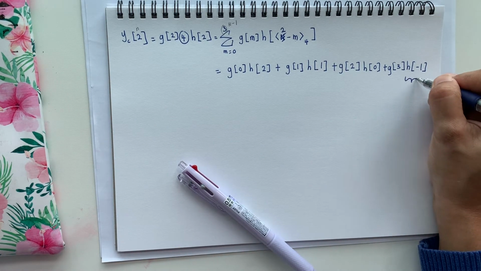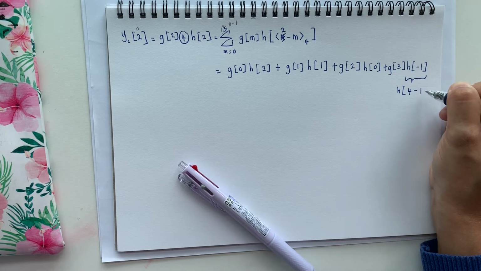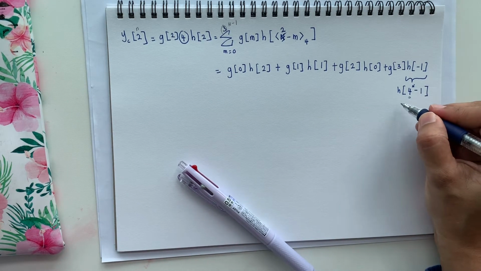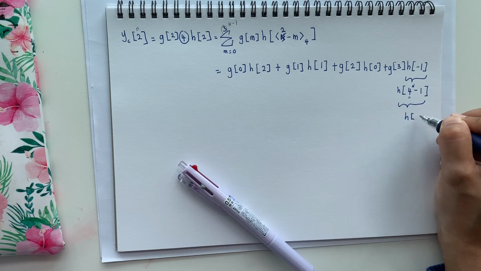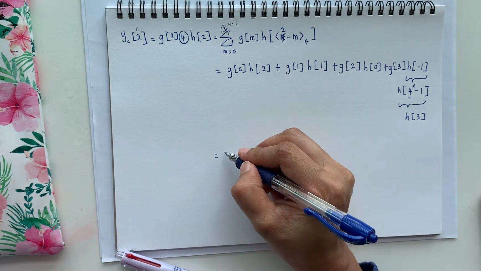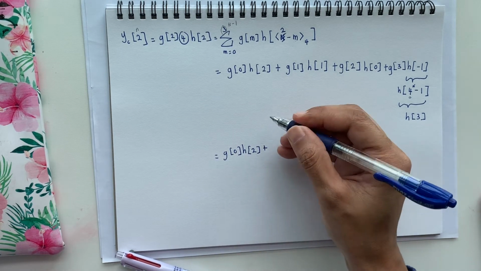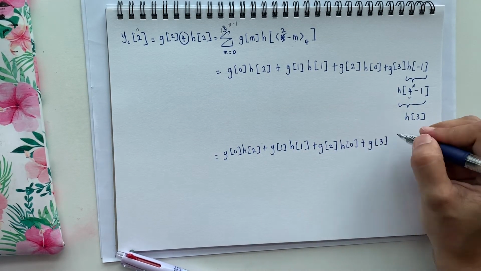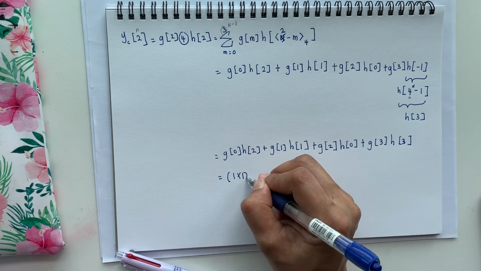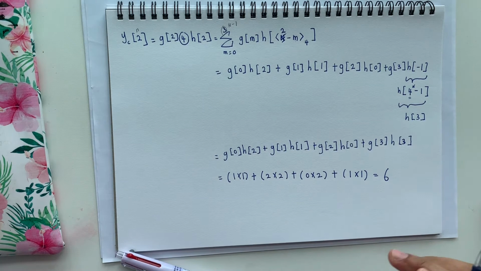So H minus 1, you have to do 4 minus 1. This is N. Okay, so 4 minus 1 is H3. So here we will have G0 H2, okay, so G1 is 1 times 1 plus, together you sum, you get 6.